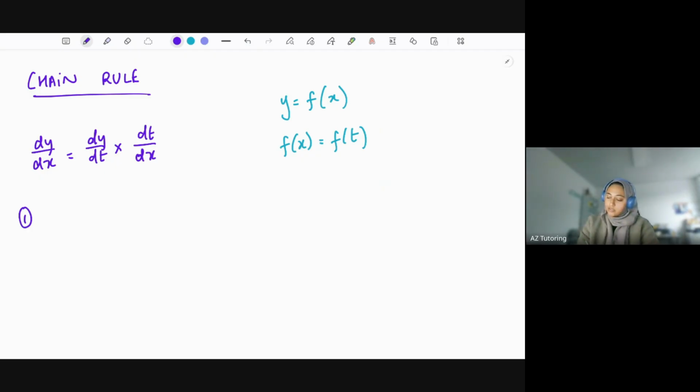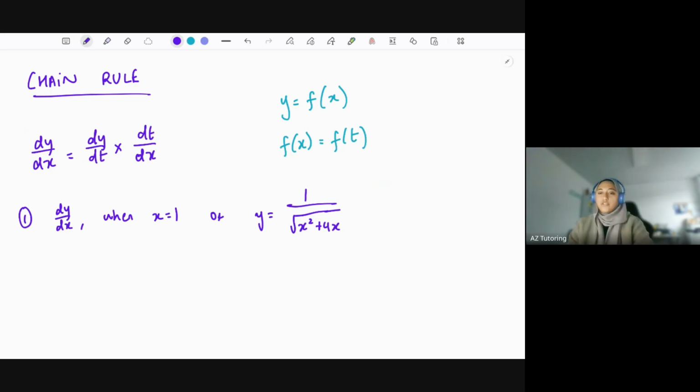So let's find dy over dx when x equals 1, of y equals 1 over the square root of x squared plus 4x. Now here, I can't just differentiate this normally, so I'll show you why. The first step is I want to bring whatever's underneath the denominator to the top.